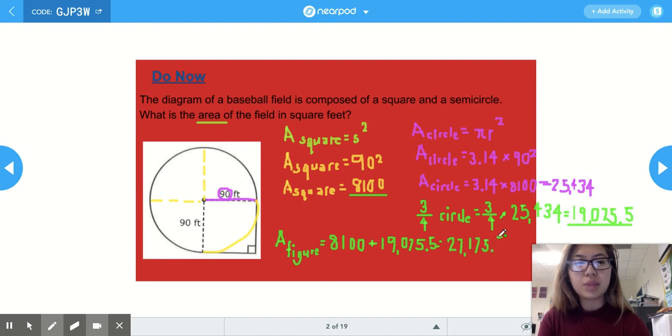My unit of measurement in this problem is feet, and it's going to be feet squared, since we've found the composite area of this figure.